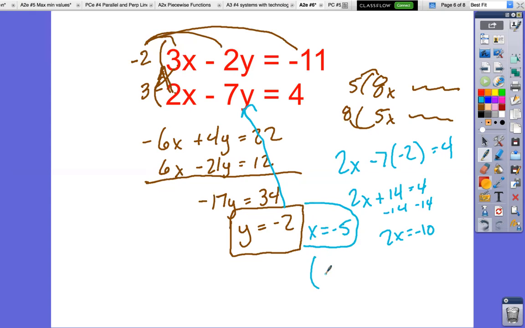Write your answer as an ordered pair. There you go. This is the type of problem that you really need to have down. Any questions?